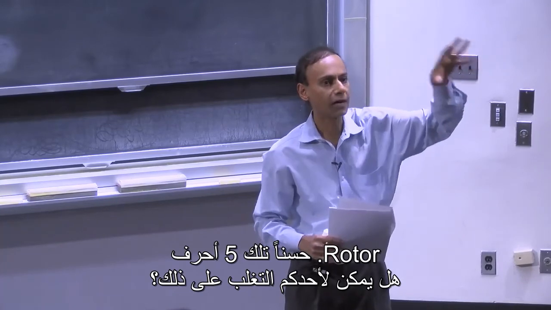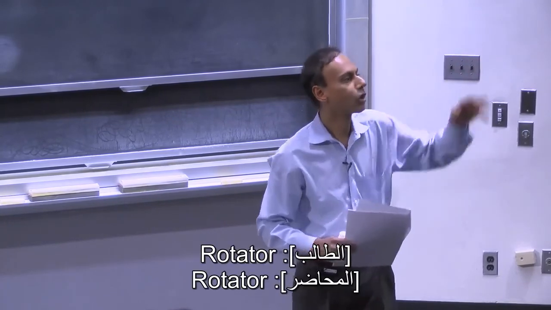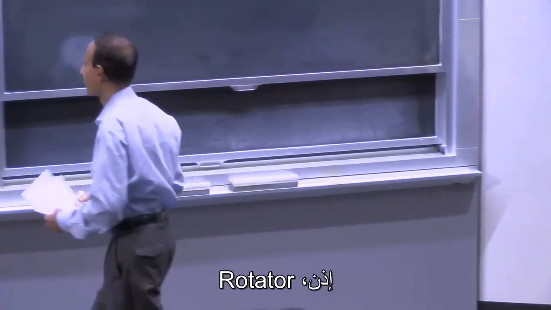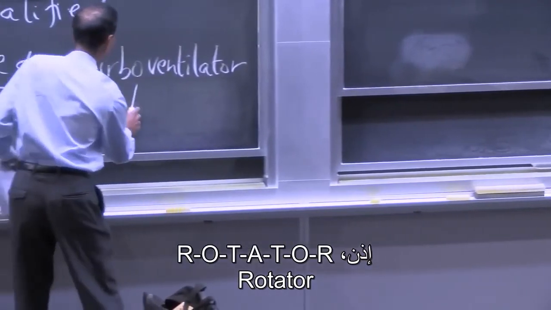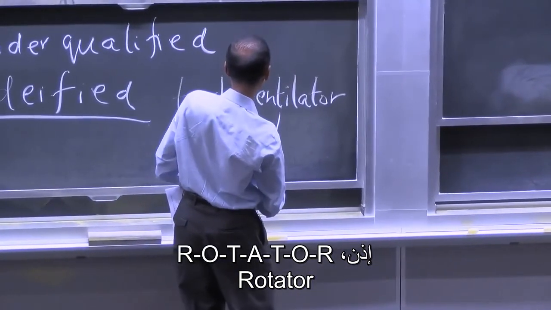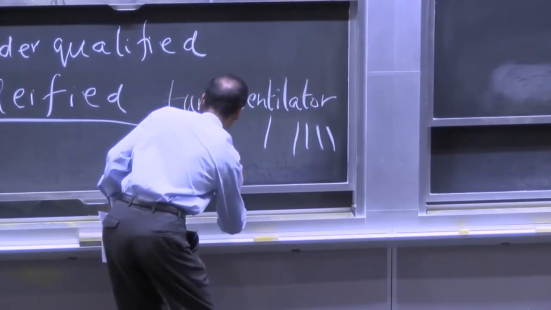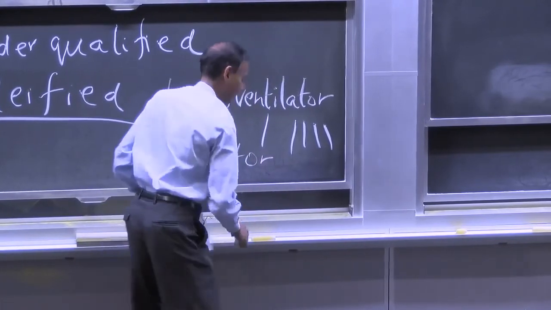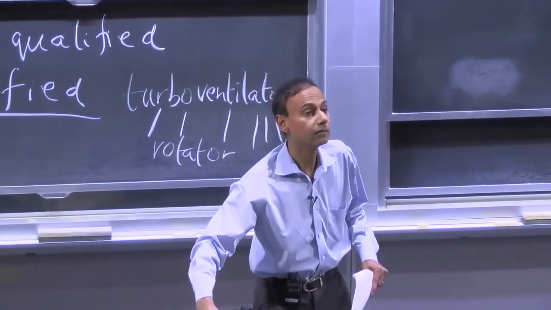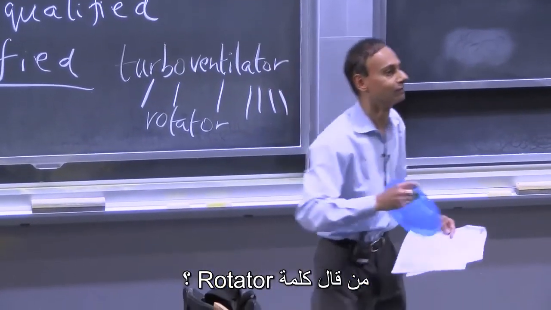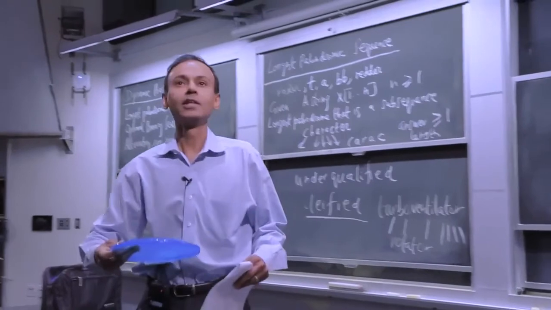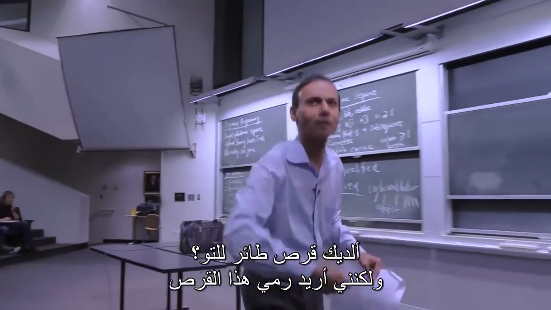Rotor, okay, well that's 5. Can anybody beat that? Rotator. So rotator, R-O-T-A-T-O-R, rotator. All right? Who is the rotator? But I want to throw this one, right?